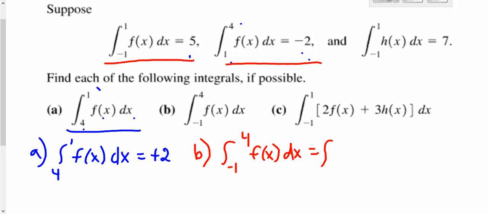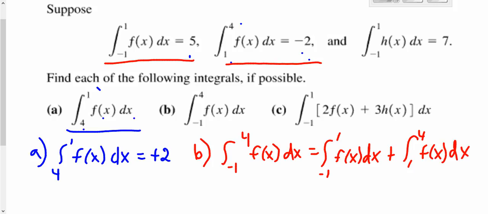So we can add -1 to 1 f of x dx to 1 to 4 f of x dx and get our answer. So -1 to 1 is 5 plus 1 to 4 is -2. So our answer is 3.